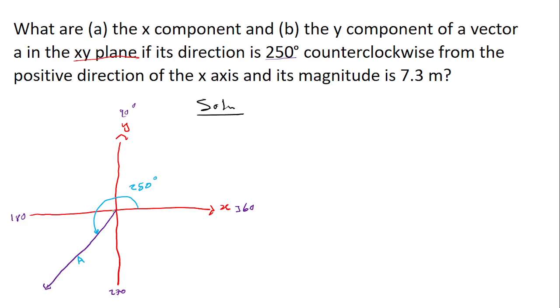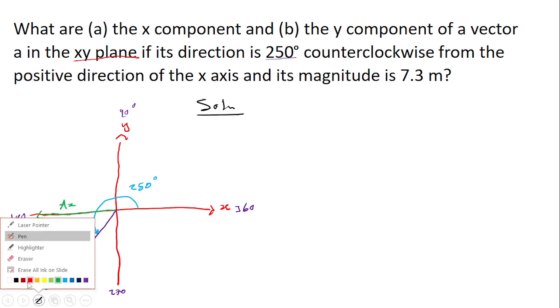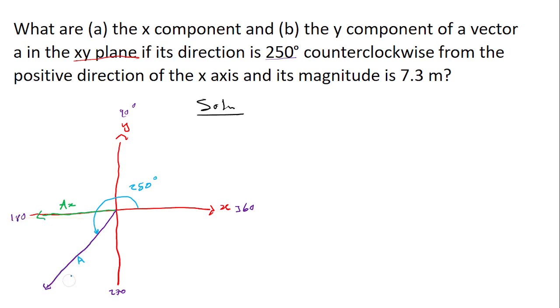The first is the x component, which is this one, and you name it ax. The other component of this vector, which you need to analyze, is the y component, which is ay.